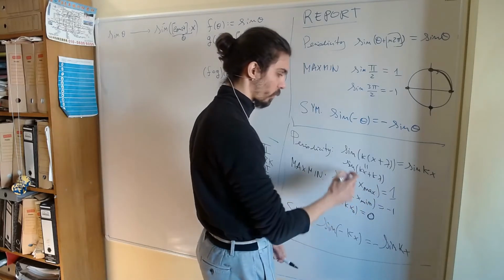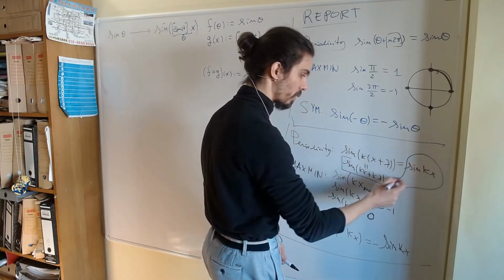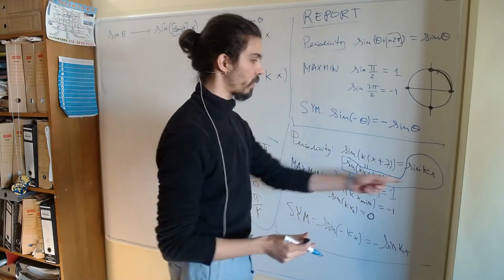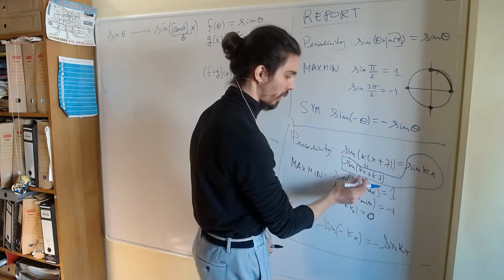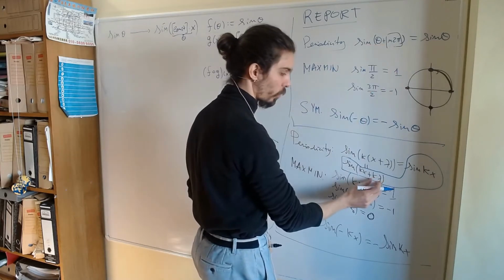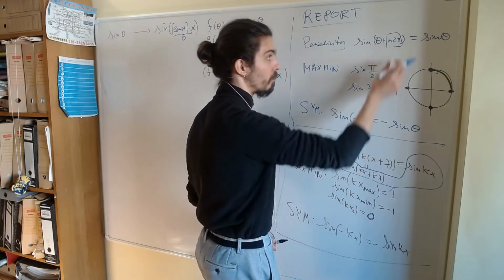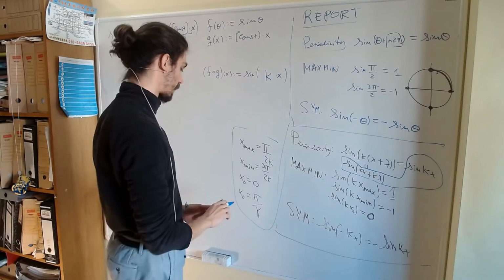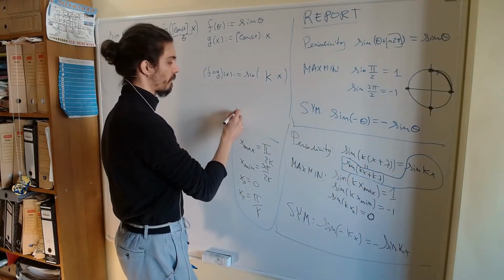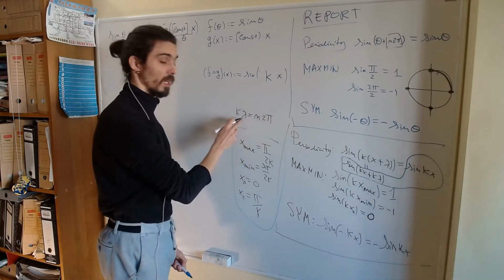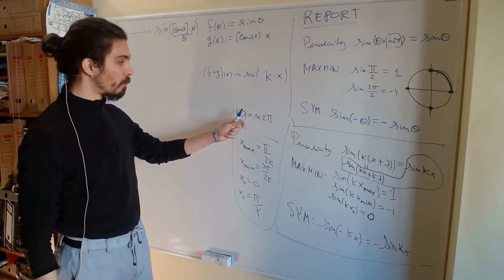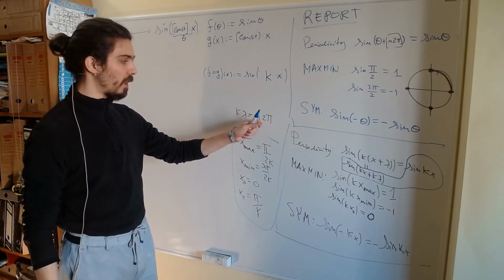Okay, but sine k times x plus lambda is the same thing as sine kx plus k lambda. And so let's compare this equation with this equation. Kx is theta, kx is theta, and so k lambda must be n times pi. So let's write this. K lambda must be n times pi. And you now can see that the period can be computed from n, pi, and k.